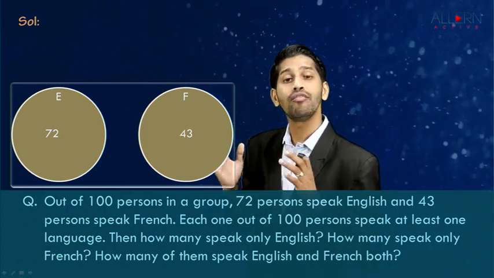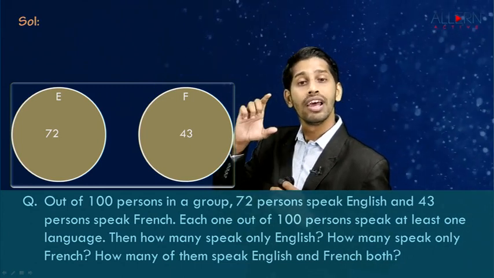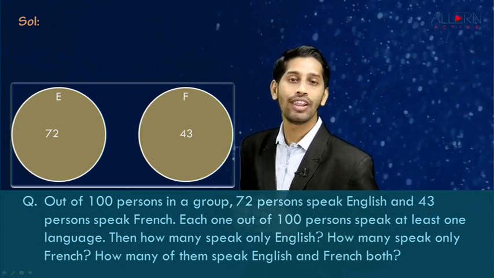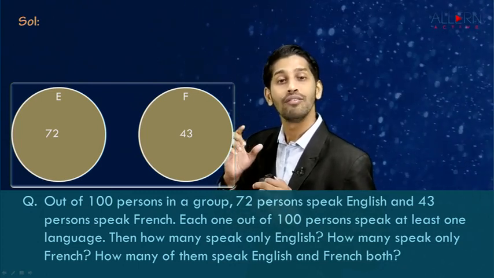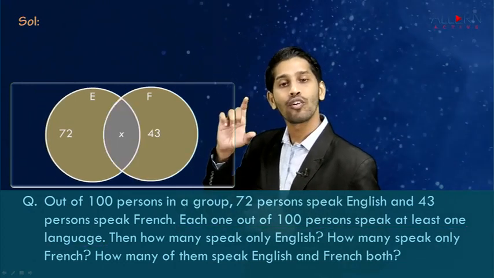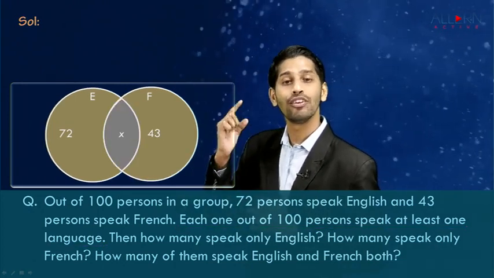That means if we intersect these two circles, value of that common portion is not given, and since that value of common portion is not given, we'll assume that value as x. So we'll intersect two circles, and that common portion, that value, we'll assume it as x.